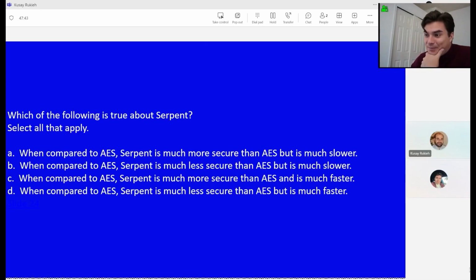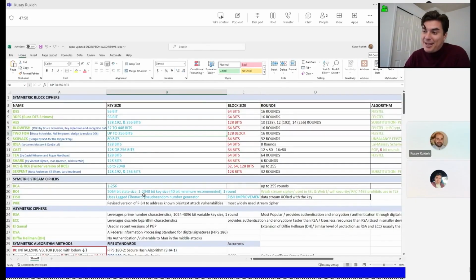AES has to be more secure, but maybe the other option is that Serpent is a lot faster. Is AES more secure or is Serpent more secure? I don't know the answer. I would assume AES is the best if it's the most widely used algorithm. Remember, both of them were competitors to replace DES, but Serpent is going to use 32 rounds regardless of the key size.